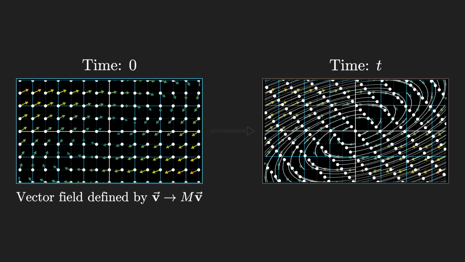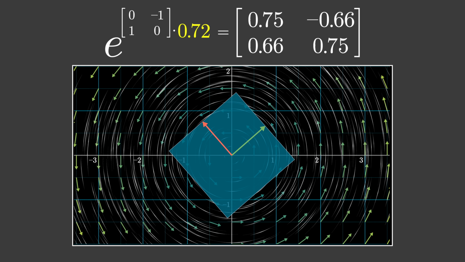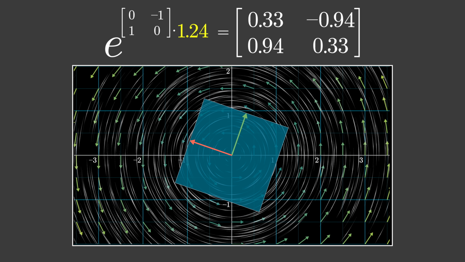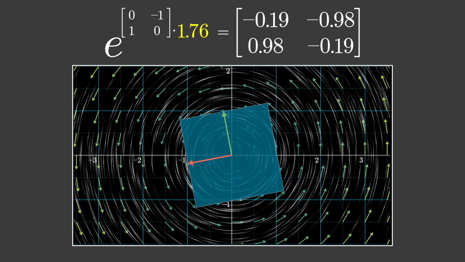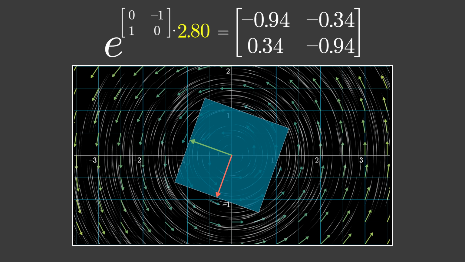The transition from start to finish is described by whatever matrix pops out from the computation for e to the mt. In our main example with the 90-degree rotation matrix, the vector field looks like this, and as we saw, e to the mt describes rotation in that case, which lines up with flow along this field.